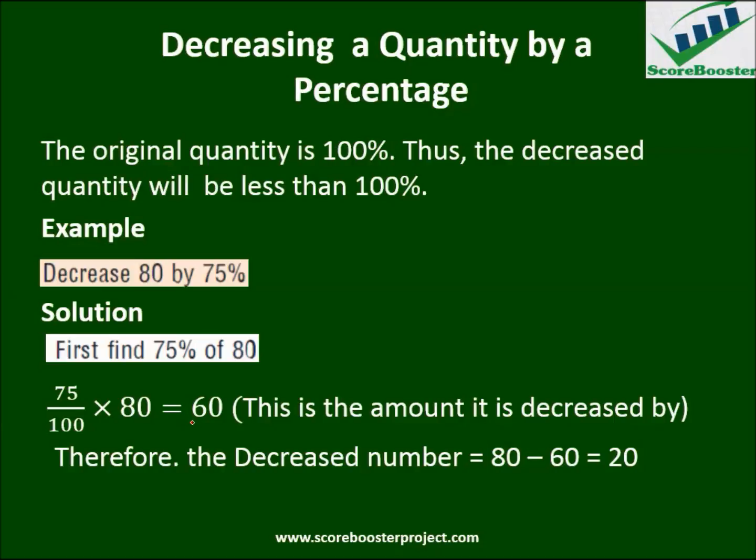This is the decrease, the amount by which 80 has been decreased. Since the decreased number will be less than 80, you subtract 60 from 80, which gives 20. So when you decrease 80 by 75%, what you arrive at is 20.